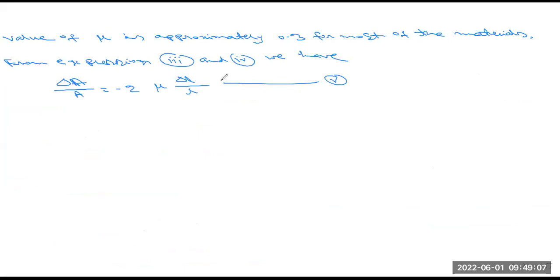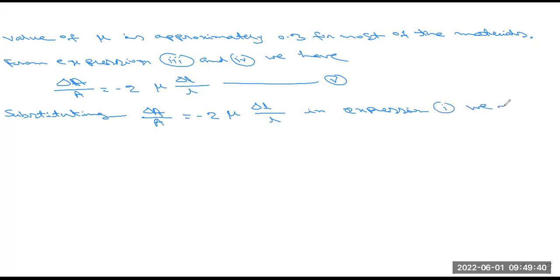Now, equation number 5. Substituting delta A by A, which is equal to minus 2 mu delta L by L, in the previous expression, that is equation number 1. What was the previous equation?